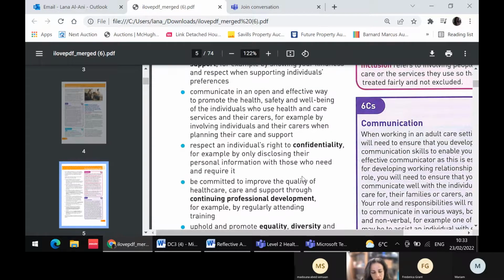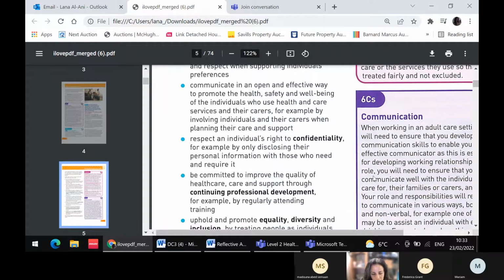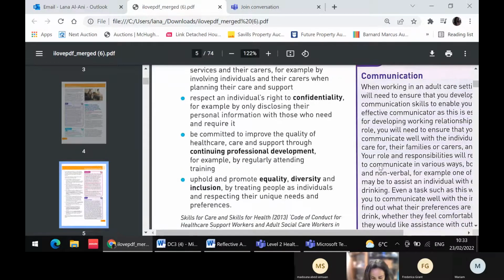As we said, you need to respect the rights and confidentiality of the individual you care for, and also be committed to improving the quality of healthcare. And also to uphold and promote equality, diversity, and inclusion when it comes to your clients. Very important.